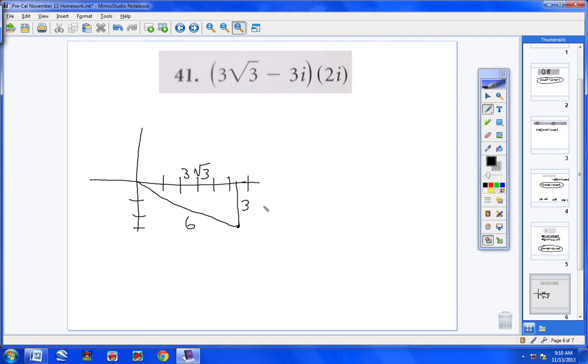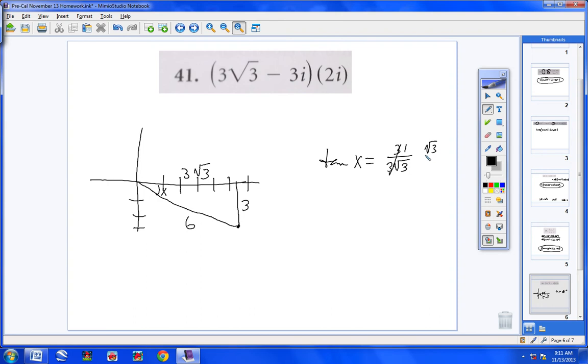Now let's go ahead and find our angle x right here. So we're going to say the tangent of angle x equals opposite over adjacent. So 3 over 3 square root of 3. Now this is on your table. If you reduce this, your outside 3 and your outside 3 would cancel out, so you're left with 1 over square root of 3.